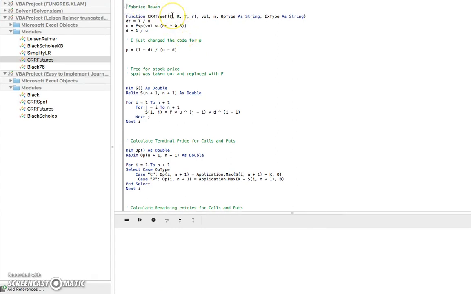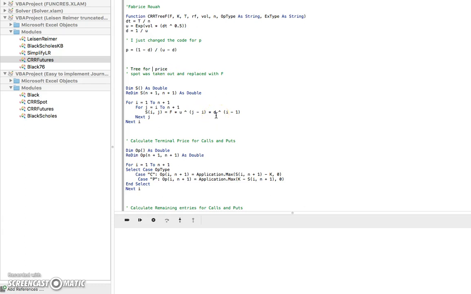I just changed it: originally we had a spot price here, otherwise the variable inputs were the same. Instead of having e^(RT) minus D over U minus D, I've changed the e^(RT) here to 1, and then instead of having a spot here, I refer to this as F, linking back to the parameter input F. So the stock price tree, or the spot price tree, is really a tree for the futures price in this instance.